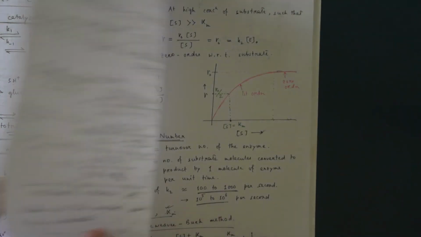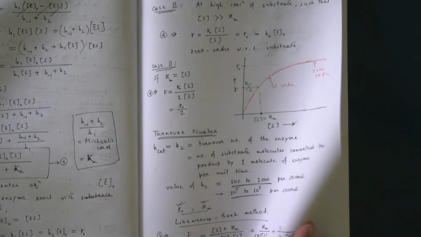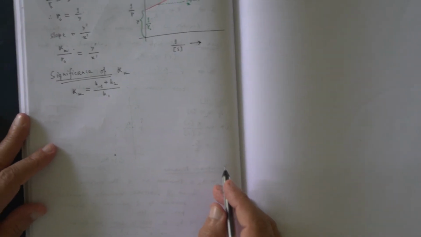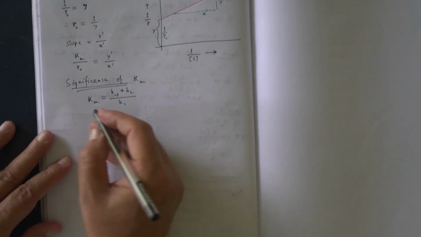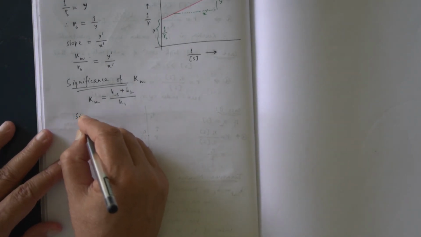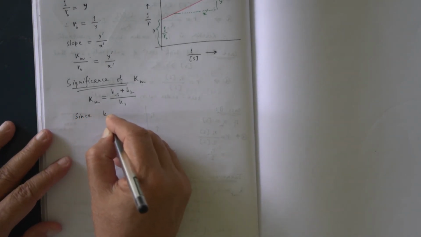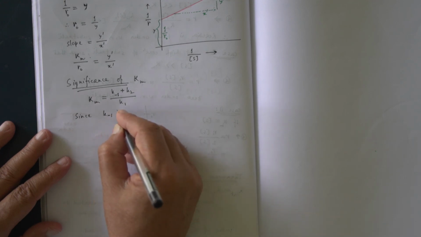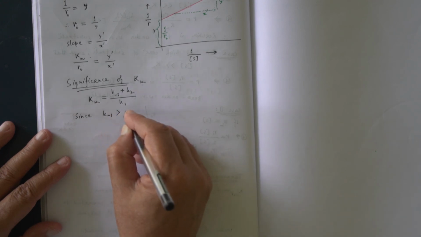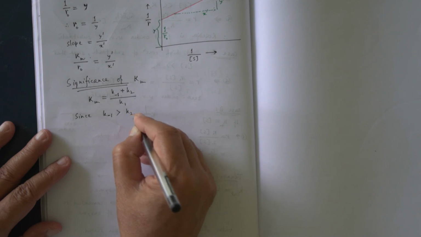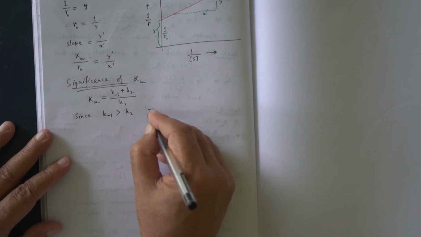Okay, so you see, since k minus 1 is greater than k2, so what we can write?